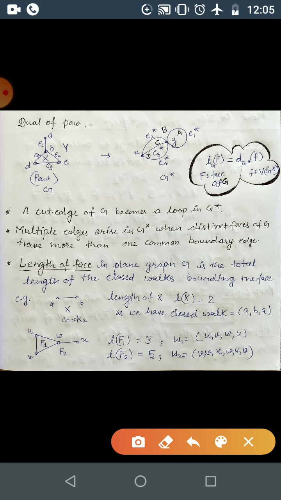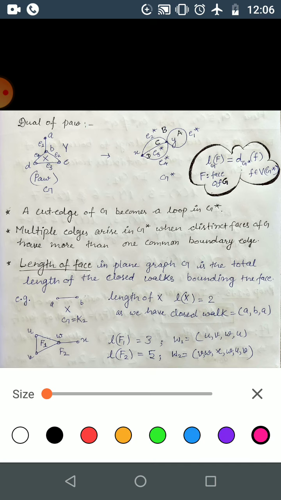In case of connected, the boundary will always be a closed walk. And when the graph is not connected, there are faces whose boundary consists of more than one closed walk. So for example, you can just say this one is a connected graph, or again you can just say this one. So the boundary of each face is a closed walk.